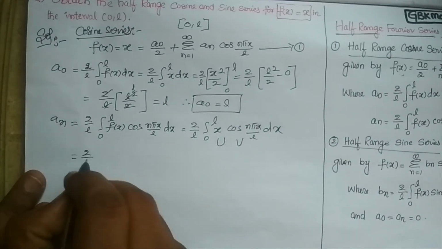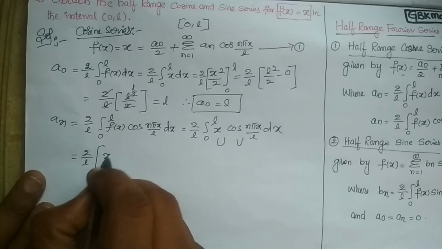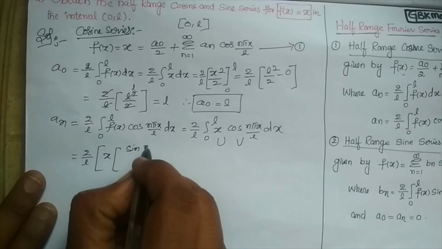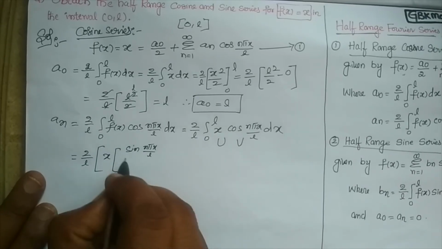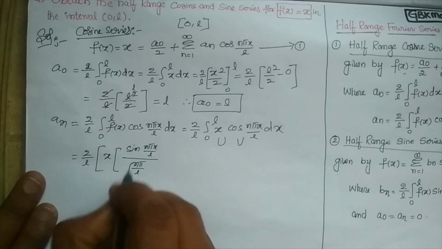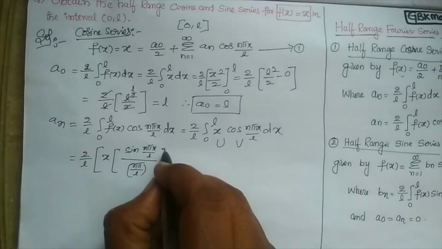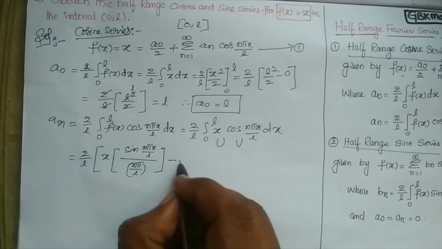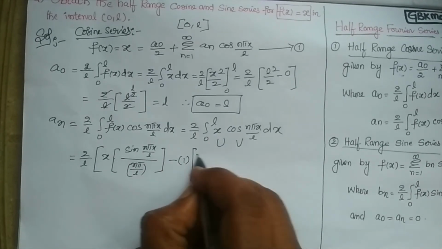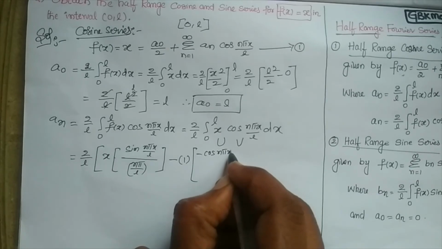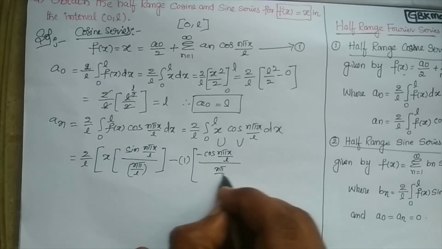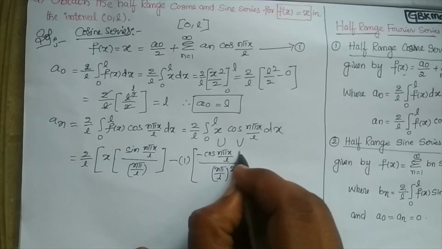So 2 by L into x into the integration of cos n pi x by L, which is sin n pi x by L divided by n pi by L, and minus the differentiation of x, which is 1, times the integration again, which is minus cos n pi x by L divided by n pi by L whole square. Again one more term would come.